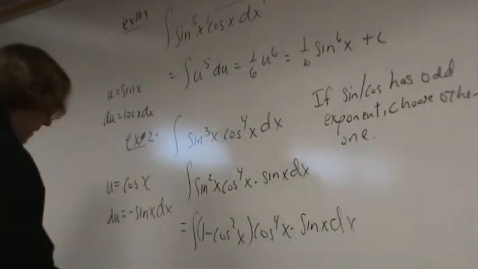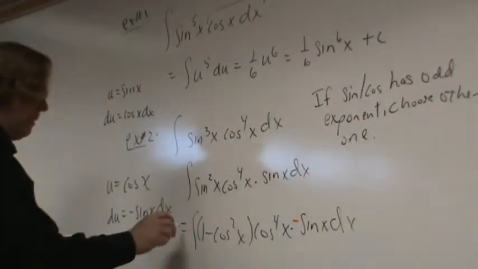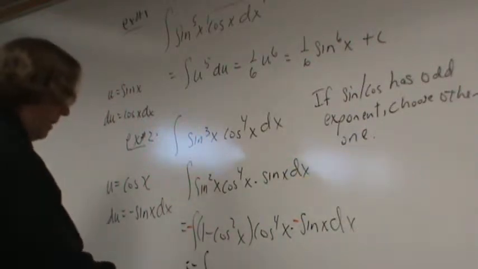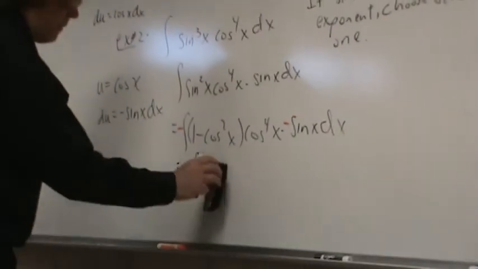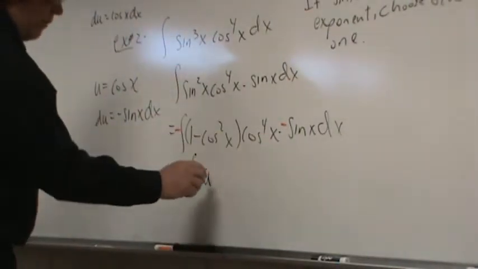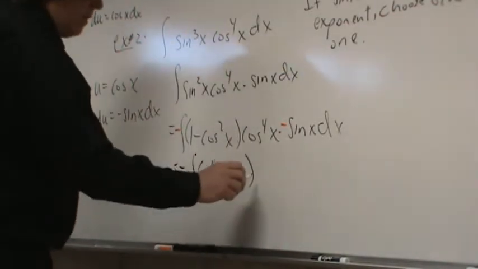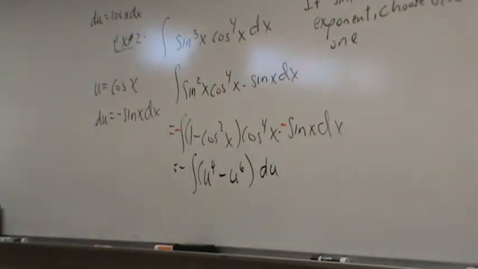So hey, let's go ahead and complete this problem. First of all, I need to put a negative there, which means there's a negative there. And so this ends up being negative integral of, do you mind if I just go right to u to the, oops, 1 times cosine fourth is u to the fourth minus u to the sixth. And then that's du. You guys okay with that? I'm just going to distribute the cosine to the fourth x through the 1 minus cosine squared, except I'm turning all my cosines into u's.